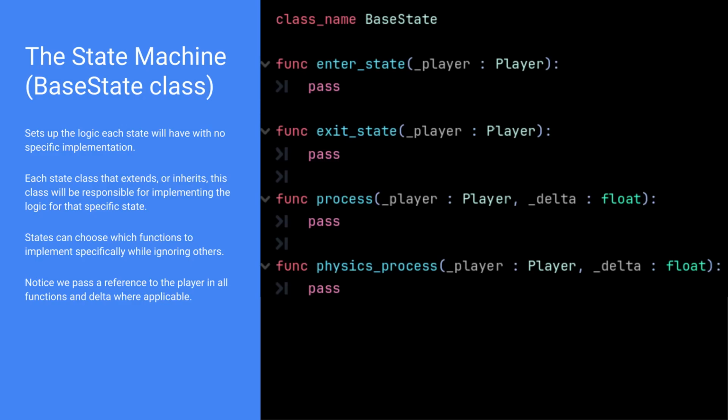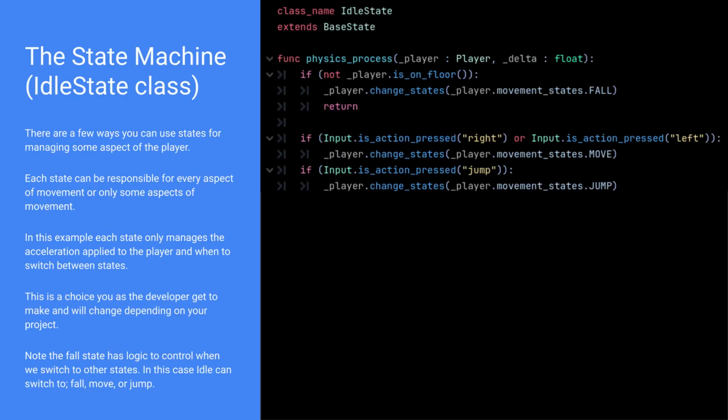So let's see how that actually works in our very first state, which will be the idle state. In the idle state, you can see us using that player reference on a few lines to call the change state function. This is how we actually tell the state machine when and to what state to change to. So there are a few ways that you can decide as the developer on how your states are going to affect things.